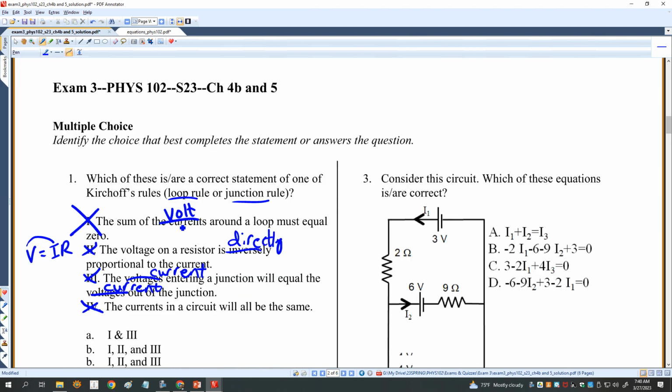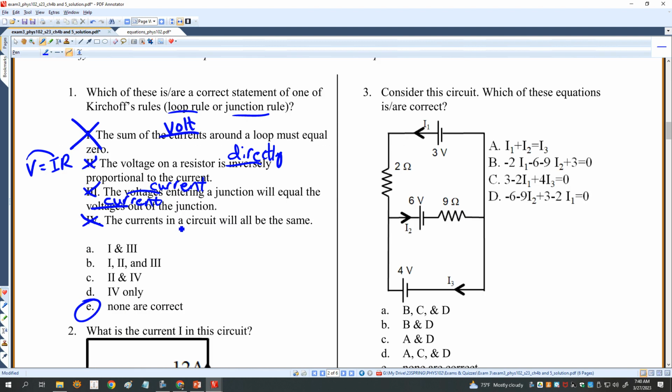Which of these equations are correct? Let's start with the first one. I have I1 and I3 coming in and I2 going out, so it should be 3 and 2, so that's not right. Here I have minus 2I1. I'm starting right here and going in this direction.